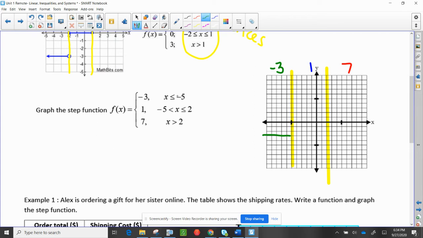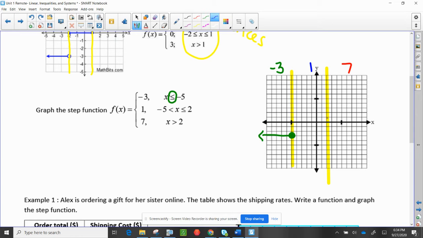But on our fence, we have to put a circle. So look at what inequality we have. We have less than or equal to. Since it's equal to, on my fence, I'm going to put that closed circle. And that graph's going to the left forever, so it's any x value less than -5.